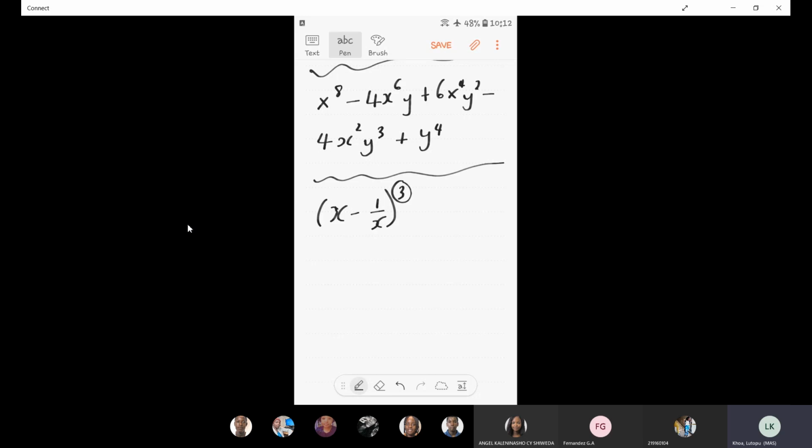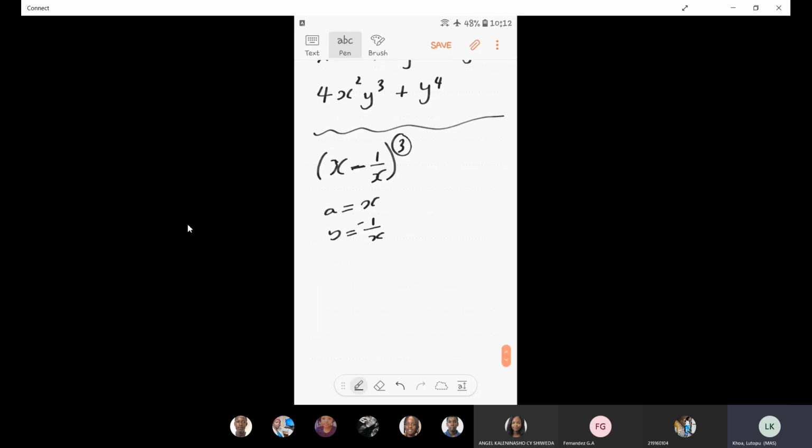So my coefficients are going to be 1, 3, 3, and 1. Okay. Then I need to identify my a and b. So a here will just be x, and then b is going to be 1 over x. That is negative because the sign over there is negative.